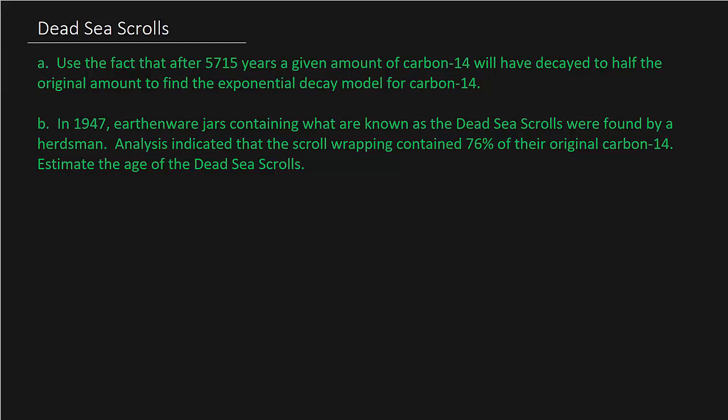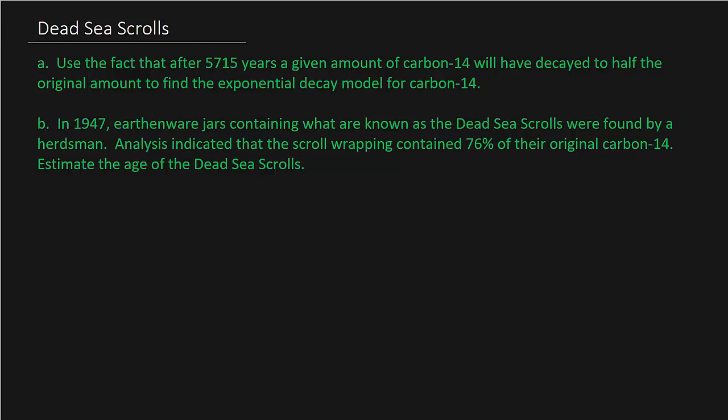Part A says use the fact that in 5,715 years, a given amount of carbon-14 will have decayed to half the original amount to find the exponential decay model for carbon-14.